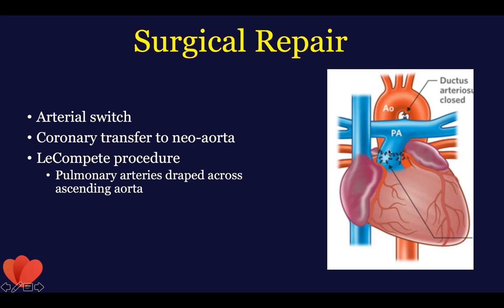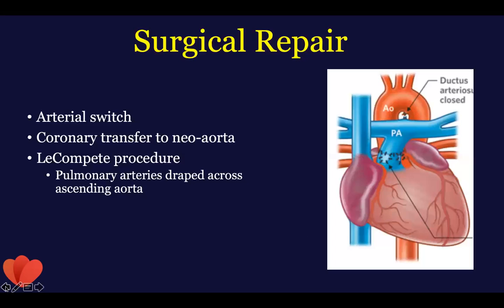The goal of this surgery is the surgeon cuts the great vessels above the sinotubular junction and brings the pulmonary valve forward with the branch PAs and the aorta backwards. So now the pulmonary is connected to the old aorta and the aorta is connected to the old pulmonary valve. The coronary arteries also have to be translocated and placed on the neo-aorta.